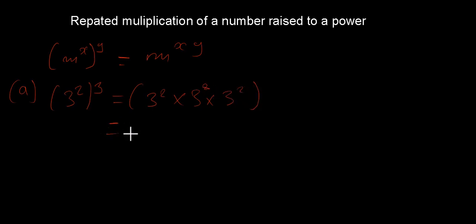So this is equals to 3 multiplied by 3 multiplied by 3 multiplied by 3. So this is just the same as this.